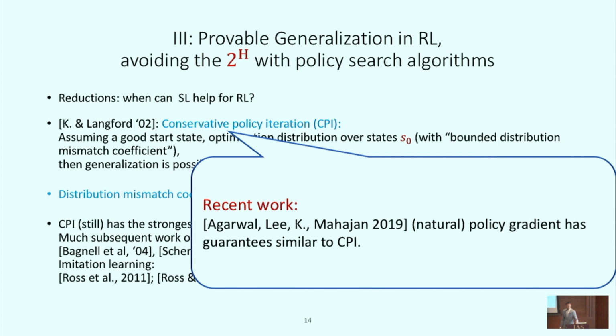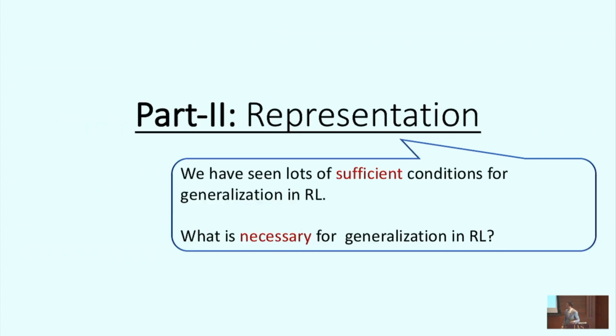Okay, and that begs the question of what's actually needed to generalize in RL. We're not going to precisely give necessary and sufficient conditions, but I think it's helpful to start thinking about lower bounds to see why we're making various assumptions in our upper bounds. And that might also give us intuition for what type of heuristics are reasonable to consider. Okay, so are there any questions so far?